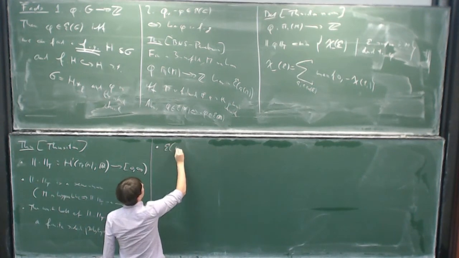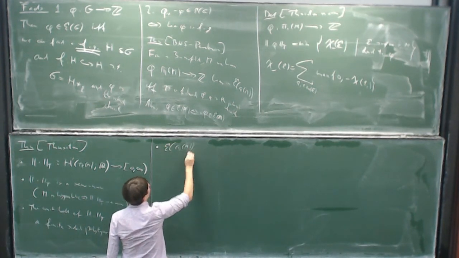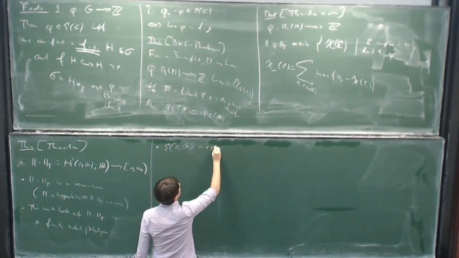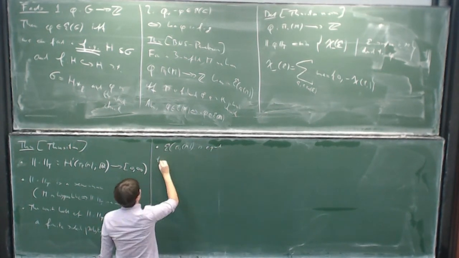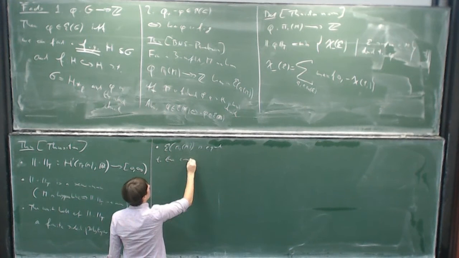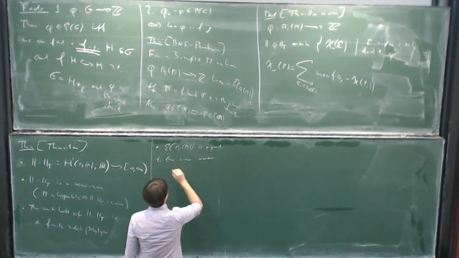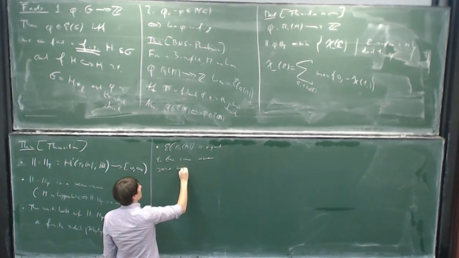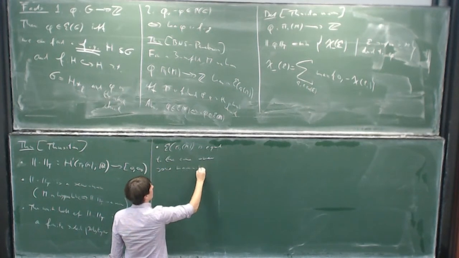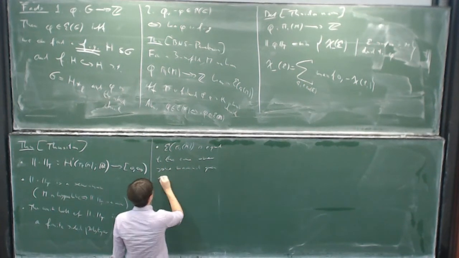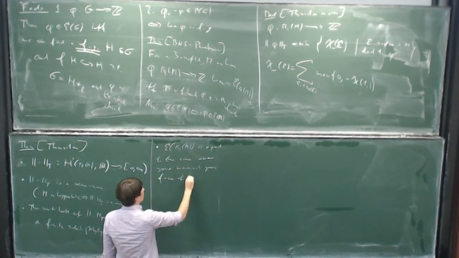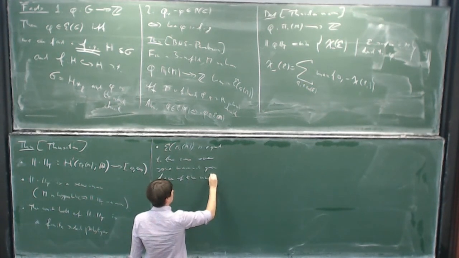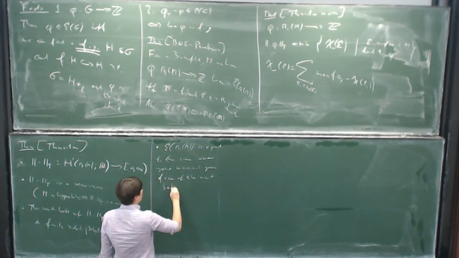The sigma invariant of pi 1 of M is equal to the cone over some maximal open faces of the unit ball. The picture counts.